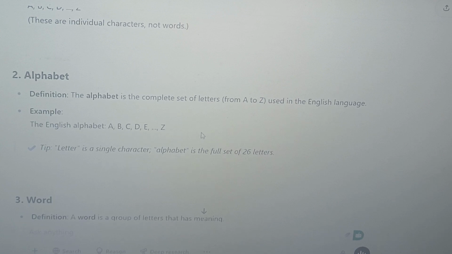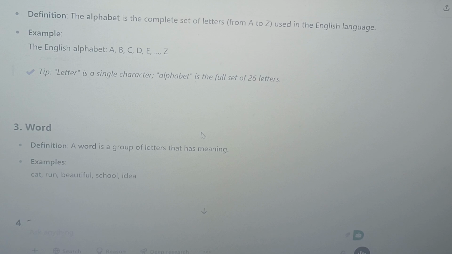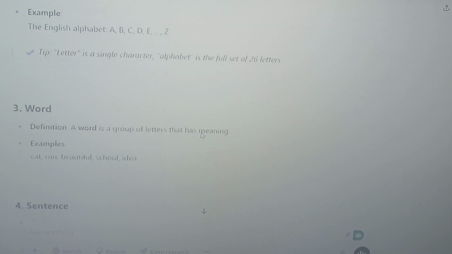Example: A, B, C, D, E to Z. The letter is a single character. The full set of 26 letters is called alphabet, whereas letter is the individual character. Word is a group of letters that has a meaning. CAT, cat, RUN, run.